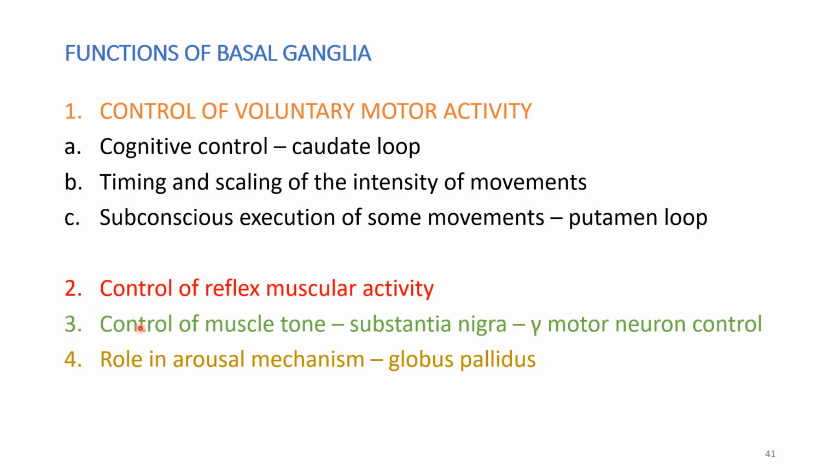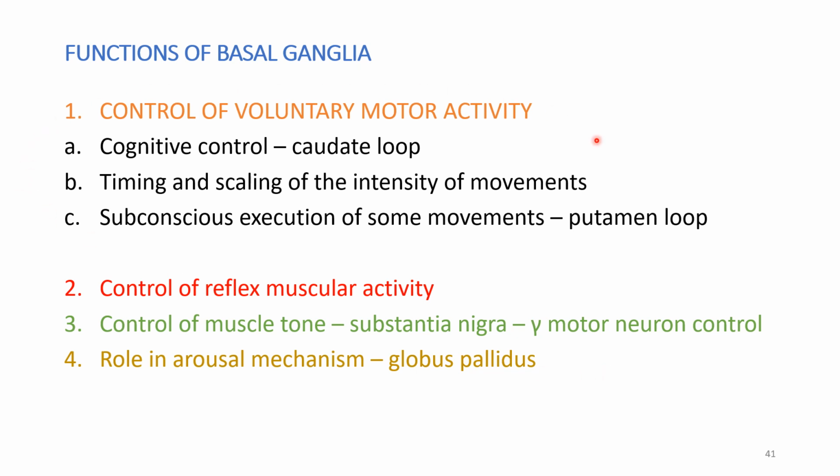The second one is the control of reflex muscular activity. The third one is the control of muscle tone via substantia nigra, because it involves the gamma motor neuron. The gamma motor neuron is under the control of substantia nigra, and through that, muscle tone will be controlled. And it has a role in the arousal mechanism through globus pallidus.